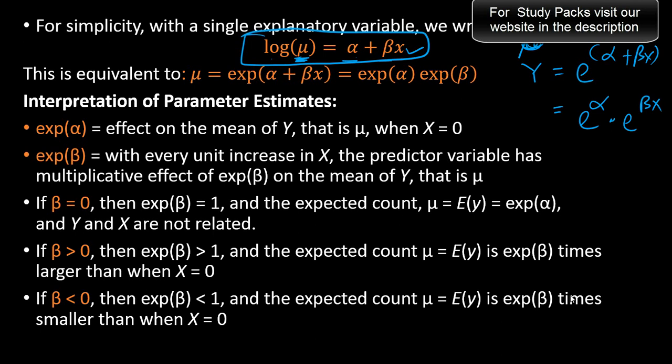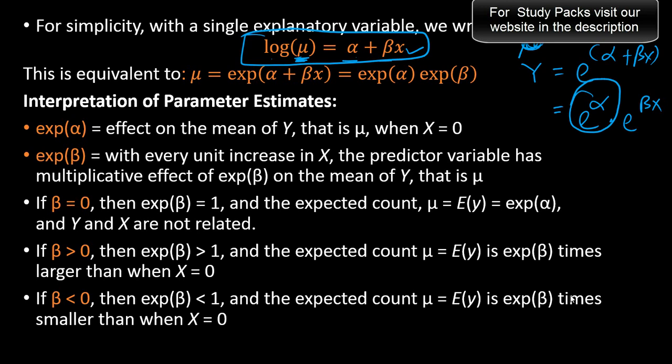Now this is interesting because the normal way of interpreting the parameters will not be the same. It has to be different. What we learned in multiple linear regression about interpreting the beta parameters is going to be totally different here. So what does alpha say? What is the intercept? How do we interpret the intercept?